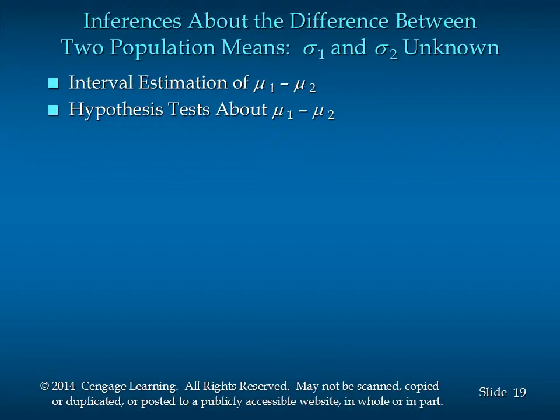For example, in my research, I'm testing to see whether two states, a control state and a treatment state, differ in employment level if you introduce this tax credit to people who invest in businesses.